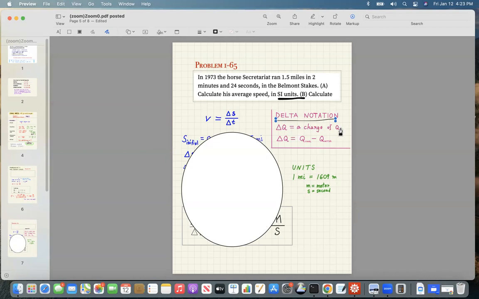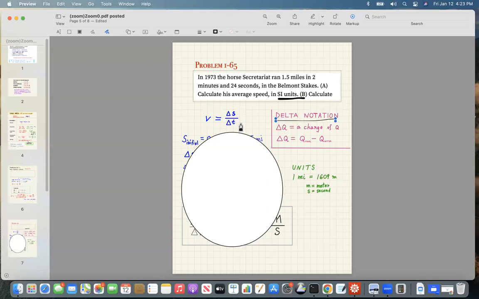Delta S is the change in the distance from the starting point. Or here, T is the time. So let's say the time starts at 12 noon. And then he gallops for 2 minutes and 24 seconds. So the time would then be 12 noon plus 2 minutes plus 24 seconds, 2 minutes and 24 seconds after noon.